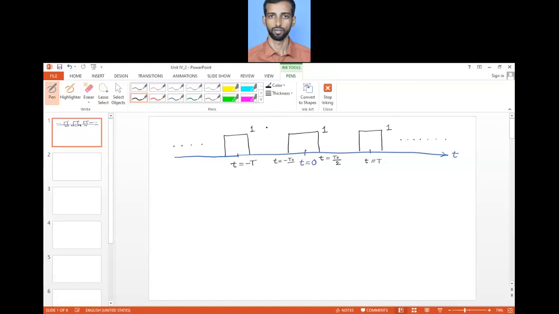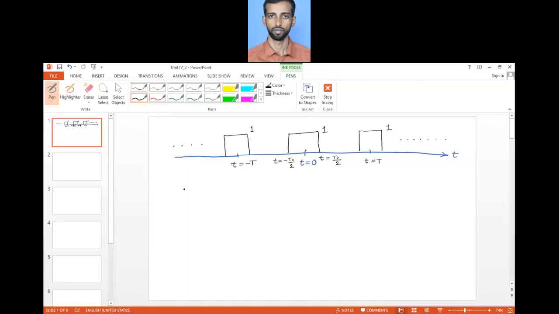So this is a perfect example of a continuous time periodic signal, a square wave signal, which has a time period of capital T. After every T it gets repeated, and from minus T0 by 2 to plus T0 by 2, we have a square wave pulse, something like that.